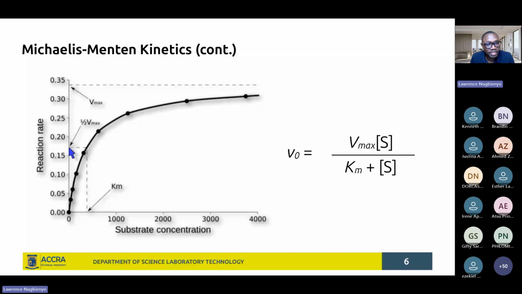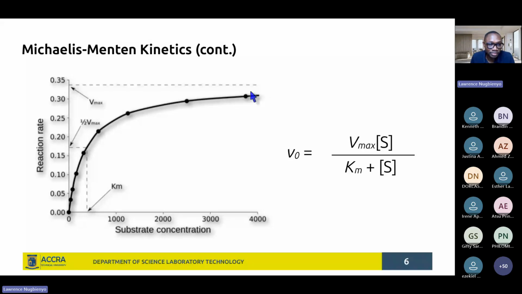Remember, we said the maximum rate of the reaction is shown with the dashed lines at the top there. That's the possible maximum rate of the reaction that can be reached. Above that, you cannot have anything else occurring because all the enzymes are occupied in that reaction mixture.